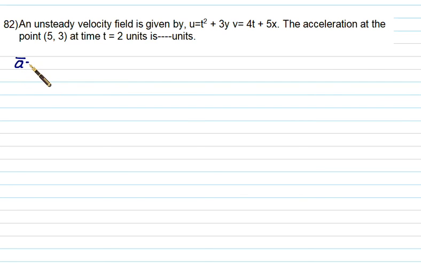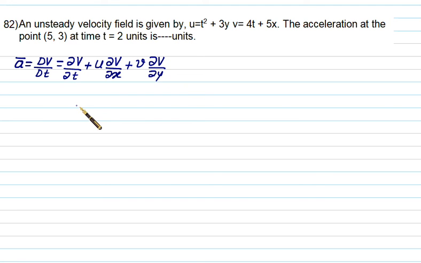So we have the material derivative Dv/Dt, which is the same as the partial derivative of velocity v with respect to t, plus u into the partial derivative of velocity with respect to x, plus v into the partial derivative of v with respect to y. So all these components we need to calculate here. Here v stands for the velocity vector. We have to put x = 5, y = 3 and t = 2.